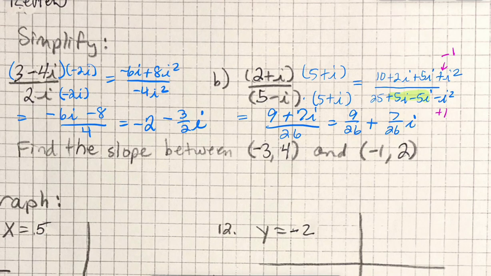Why don't we put the i on with the 7? Why do we separate? So you can put the i right next to the 7. If you wrote 7i over 26, I'm going to give it to you. It's perfect. It's fine. The standard form of a complex number is a plus bi.